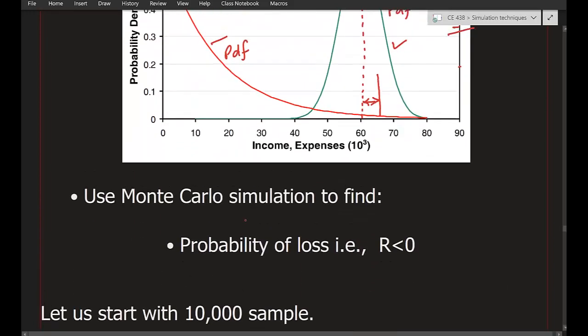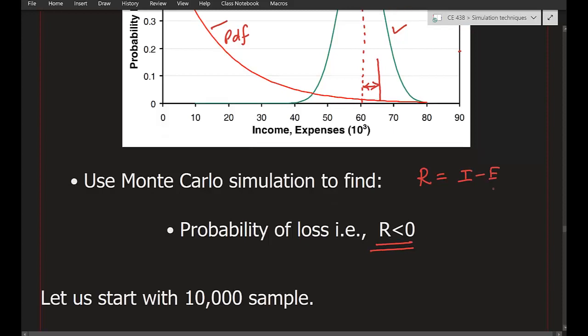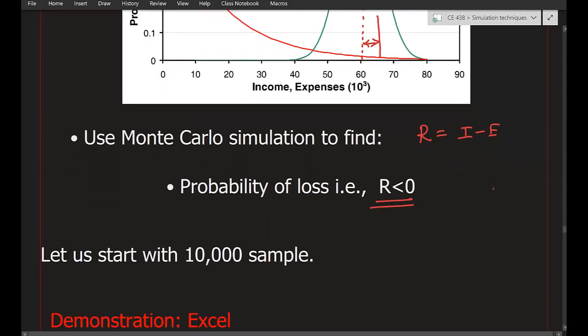Now the question is, we have to use Monte Carlo simulation to find the probability of loss, that is, the probability that total profit is less than 0. Total profit R is equal to income minus expenses. So we are looking for the solution when my total profit is negative, that is, we are in loss.